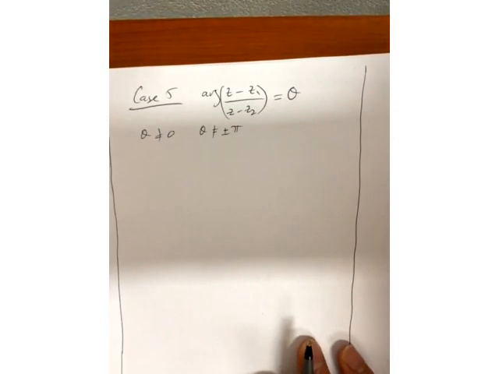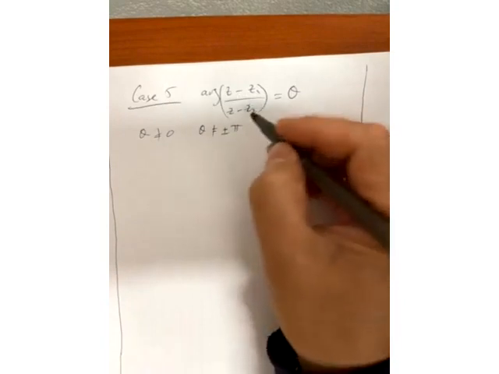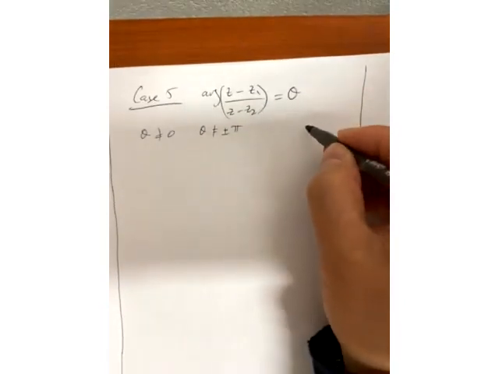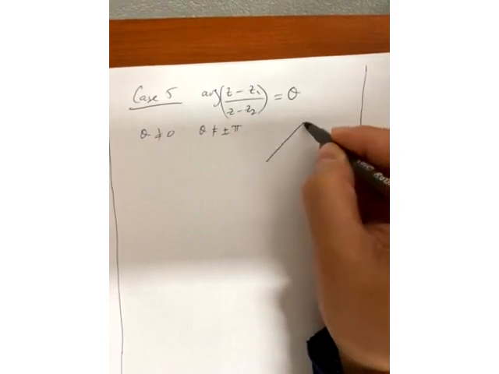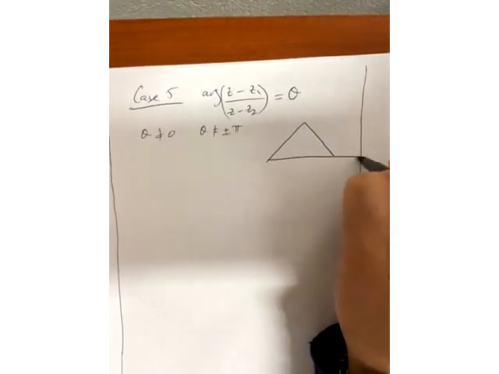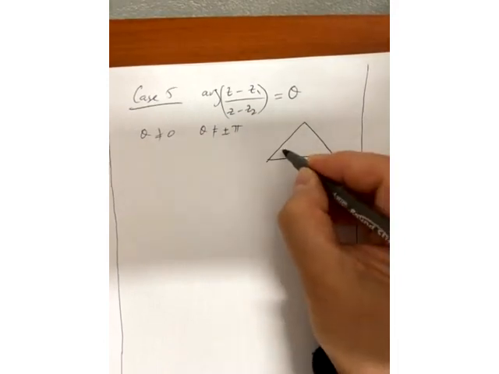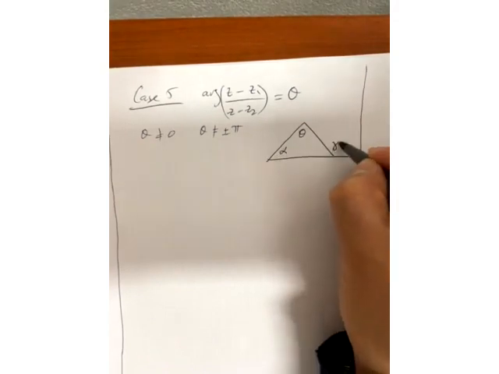You have to know the basic theory first of the argument. It relies on a theorem in geometry. You have here your theta, your alpha, and your gamma.